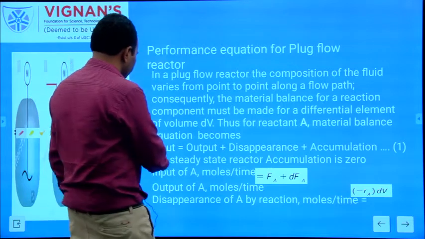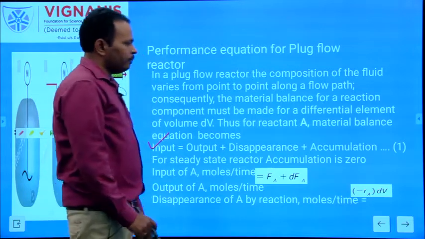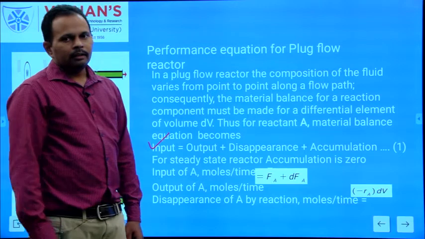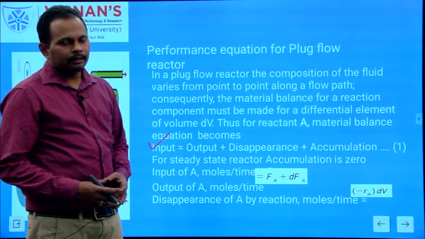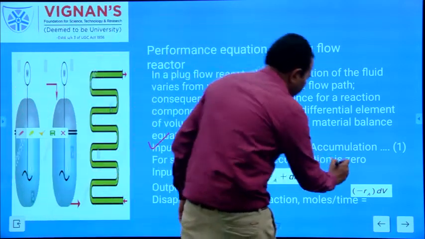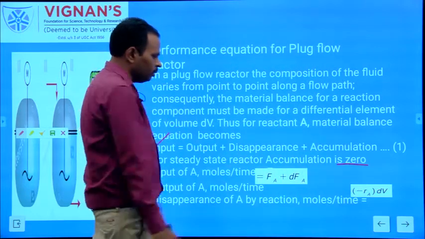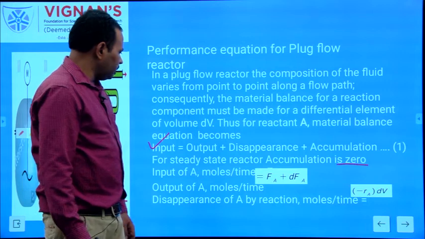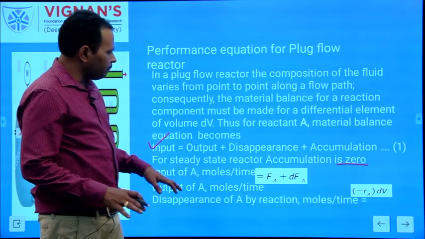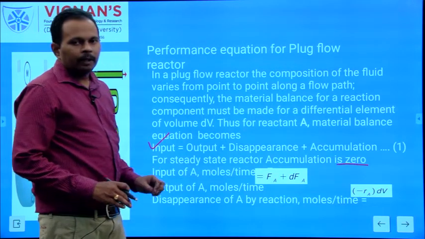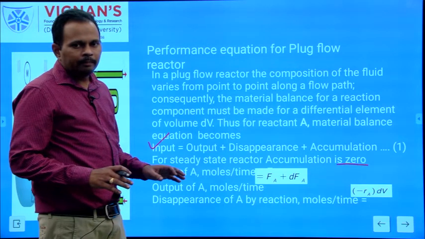What is the material balance equation? Input is equal to output plus disappearance plus accumulation. Since the PFR is a steady state reactor, accumulation is 0. And here, what is the input of A? We are applying the material balance equation for the volume element of strip dV.